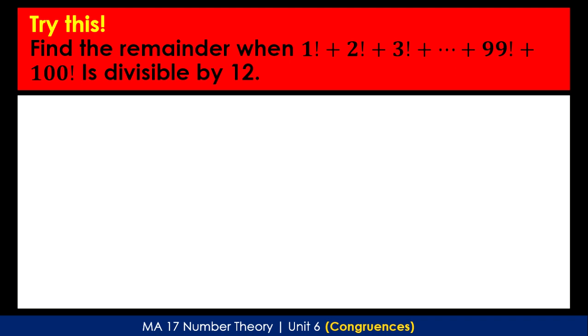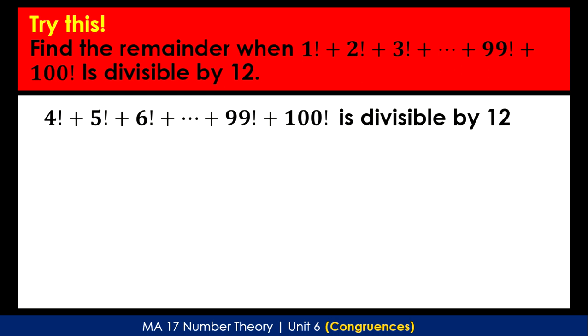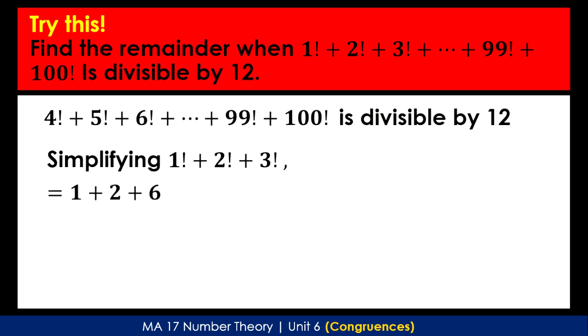There's 12 there. So if we add 4 factorial plus 5 factorial plus 6 factorial up until 100 factorial, it is divisible by 12. Therefore, we can remove 4 factorial up until 100 factorial and simplify to 1 factorial plus 2 factorial plus 3 factorial. 1 factorial is 1, 2 factorial is 2, and 3 factorial is 6. 1 plus 2 plus 6 is 9.